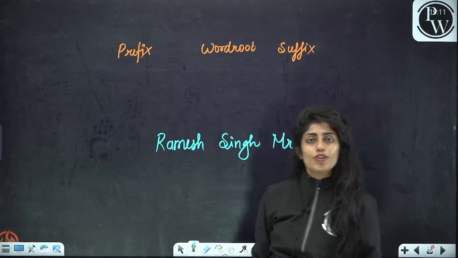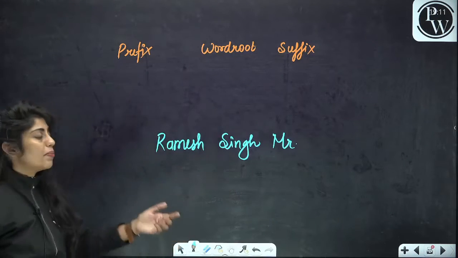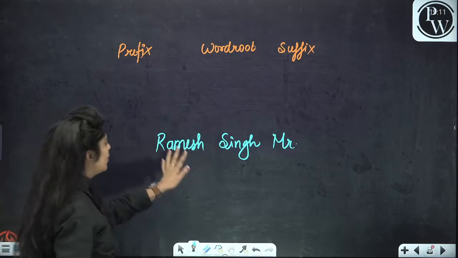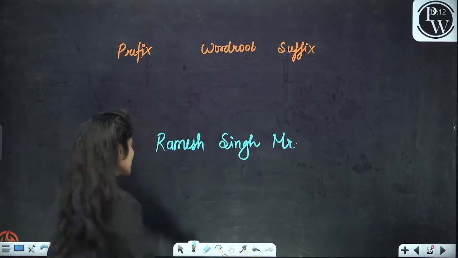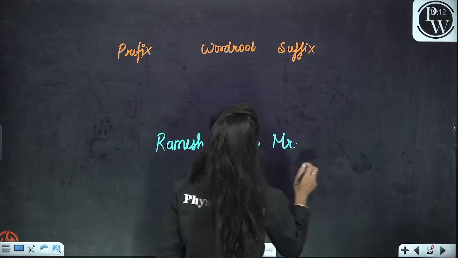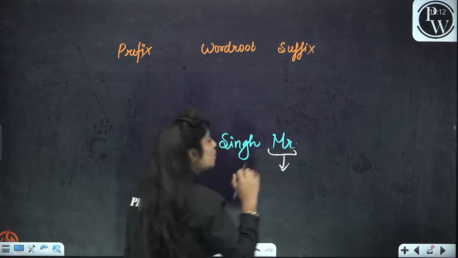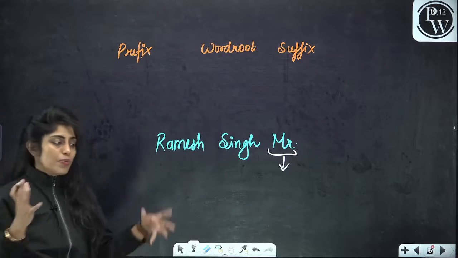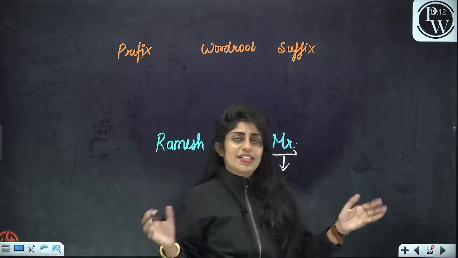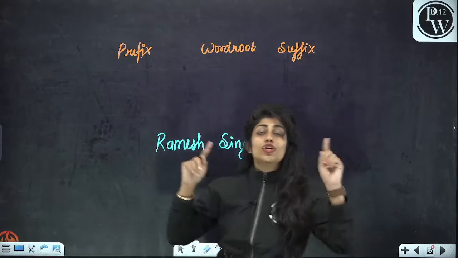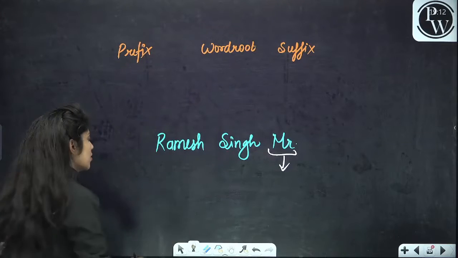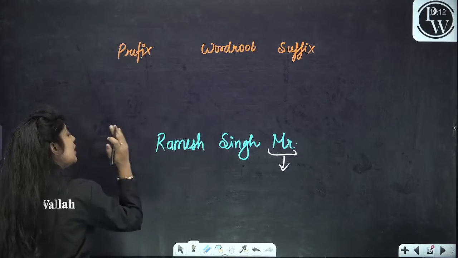Am I correct or not? You will be saying, no ma'am, we can write it like Mr. Ramesh Singh. So you can clearly see Mr. is representing something, right? Mr., Master, Miss, Mrs., etc. That is always a prefix that comes before the name.